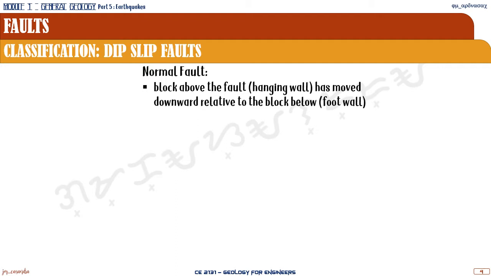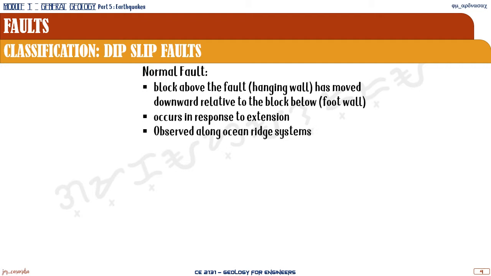Okay, so they are moving vertically and towards each other. So this would usually be occurring in response to extension of the plates or other blocks of the fault. So this is usually observed along ocean ridges.